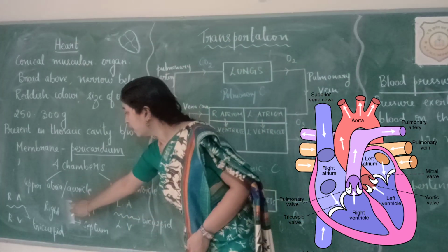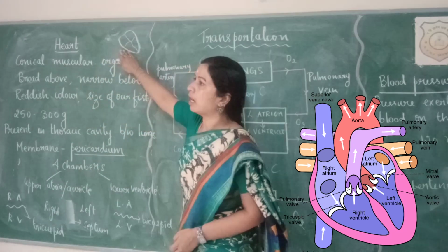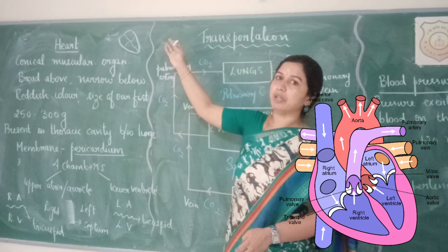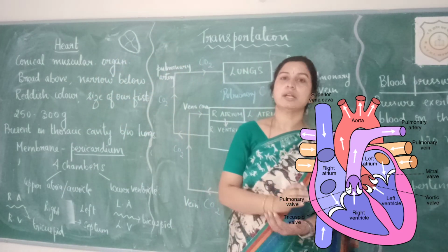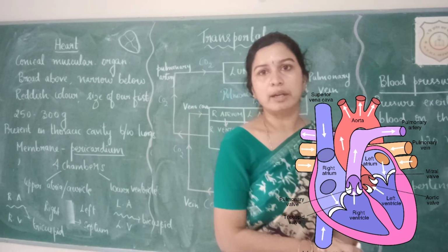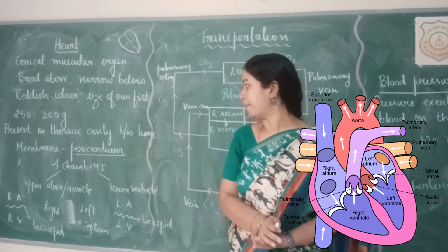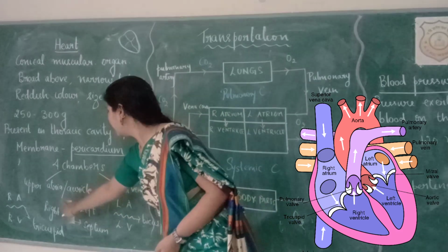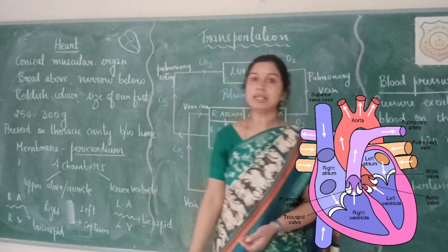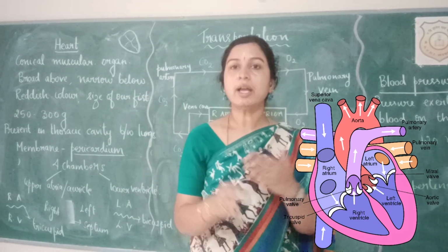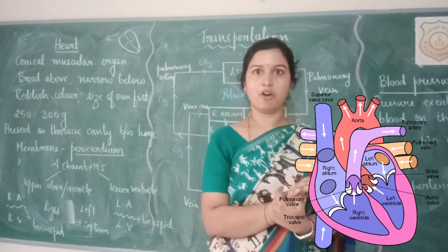And again, if you see the right side of the heart and the left side of the heart, they are separated by a membrane called septum or septa. The right and the left side are separated by septum so that it prevents the mixing of blood.